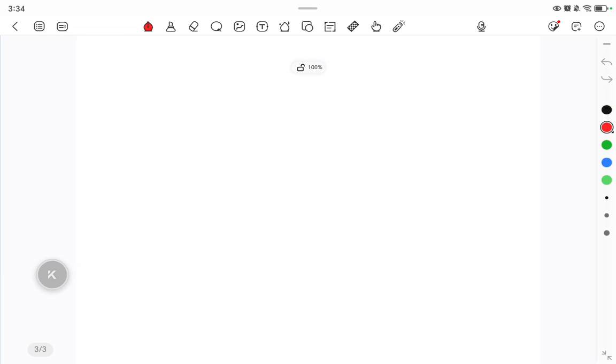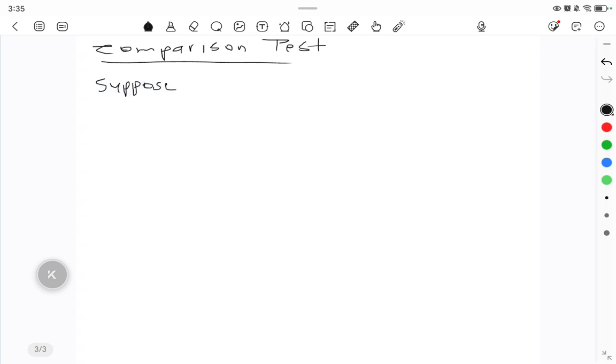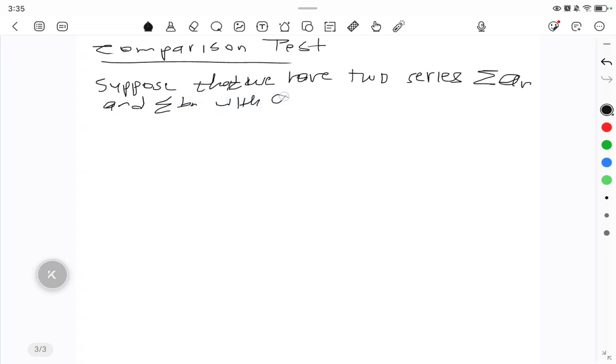This says that suppose we have 2 series, the summation of an and the summation of bn, with both of them being positive for all n.